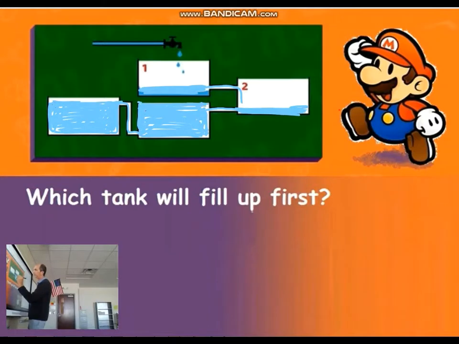And at this point, if tank number 3 doesn't have a lid or something to close it, the water will overflow. That means that the only tank that will be completely full will be tank number 3. The other tanks will not fill up, will not be full at all. The answer is tank number 3.